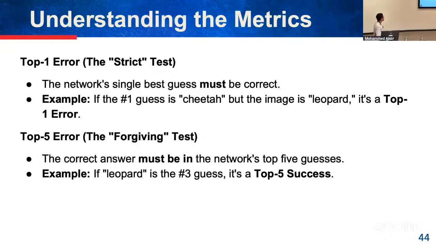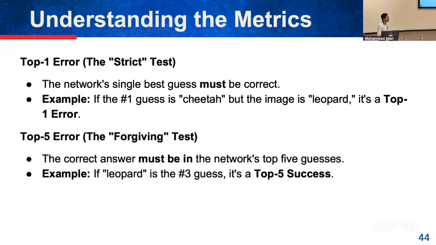So now let's discuss the metrics that were used in this paper. There are two metrics, top-1 error and top-5 error. The top-1 error is the stricter test, and the top-5 error is the more forgiving test. What top-1 error means is that the model only has one guess. Suppose the image is a leopard, but the top guess is cheetah, which is wrong.